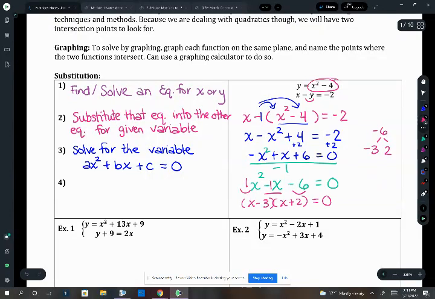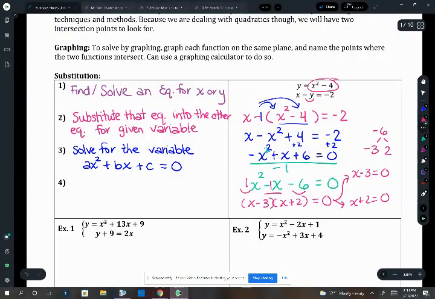Then I set those equal to 0: x minus 3 equals 0, and x plus 2 equals 0.